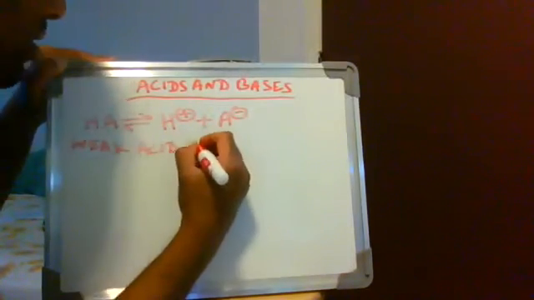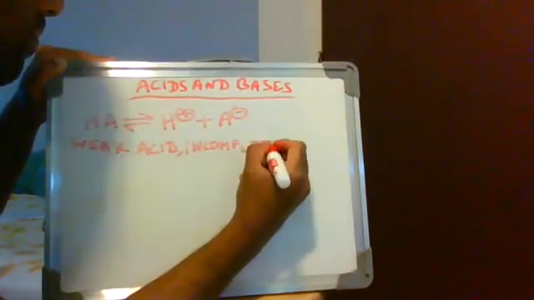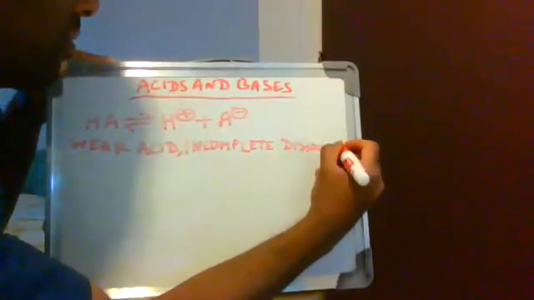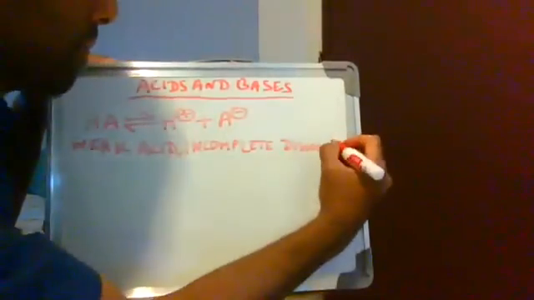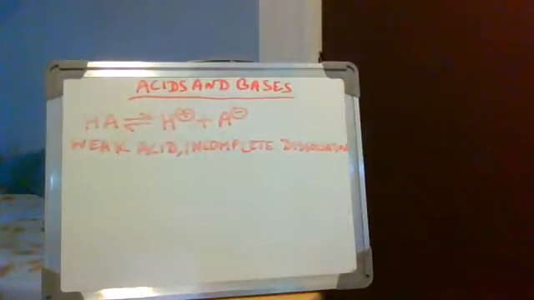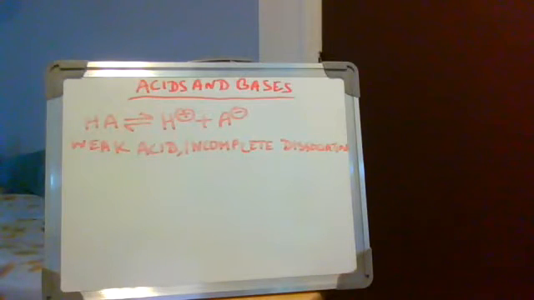Weak acid means incomplete dissociation. So why is it incomplete dissociation?